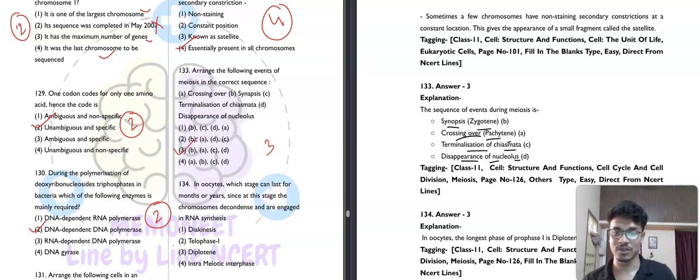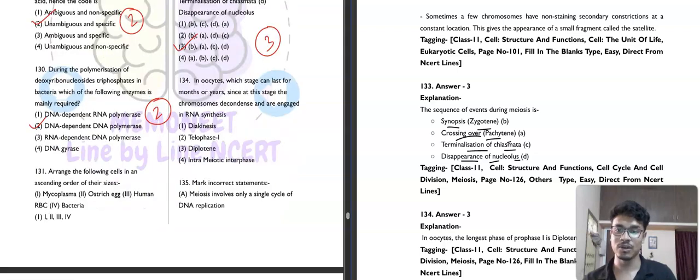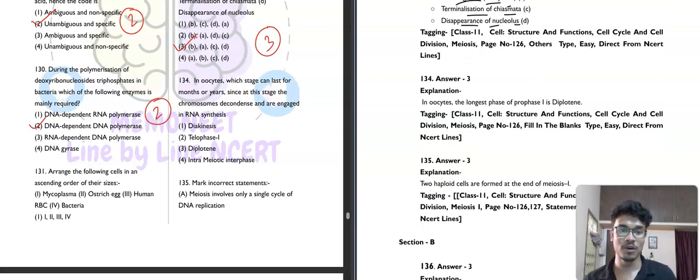Third option. Question number 134. In oocytes, which stage can last for months or years, since at this stage the chromosomes decondense and are engaged in RNA synthesis? The longest phase that gets arrested is the diplotene stage. Third option will be our correct answer.